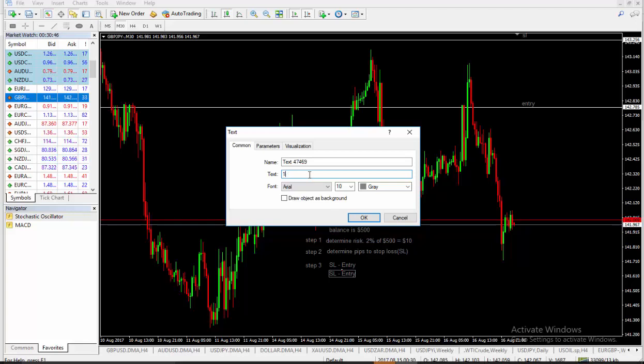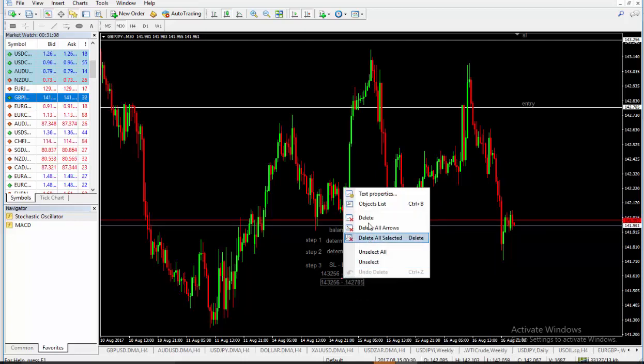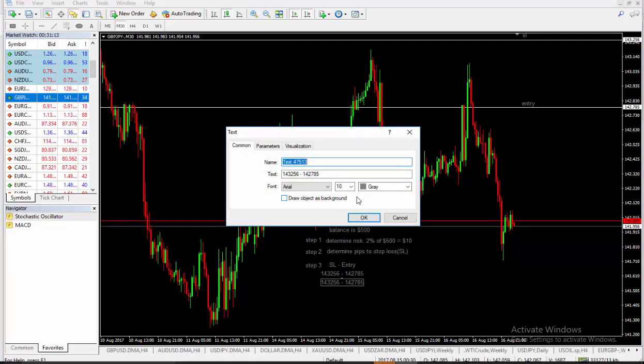So it will be 143256 subtract 142785. Then get the answer there. What is it? 14, 32, 56. Subtract 14, 27, 25.